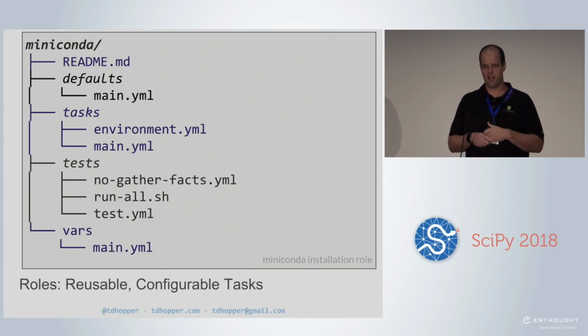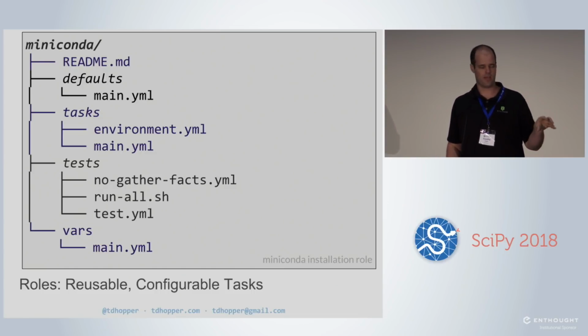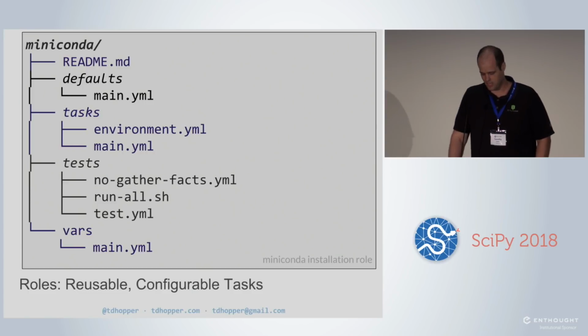So a role is a number of different tasks and the variables and configurations around that task that you want to execute. And then the big selling point here is that role becomes reusable in multiple playbooks. So maybe you want to do the same sort of actions in different systems or for different projects, you can reuse the same role.